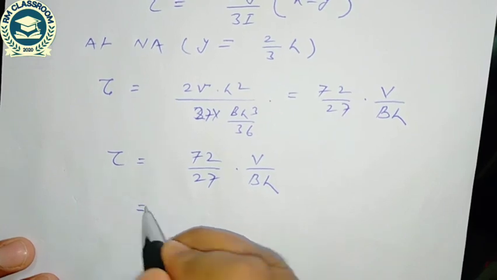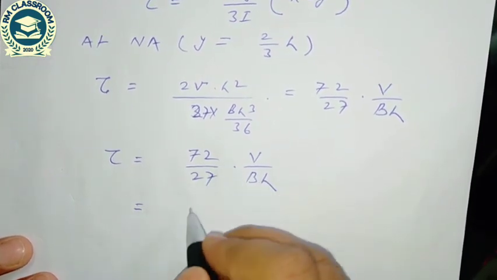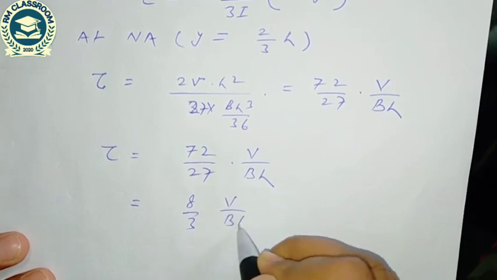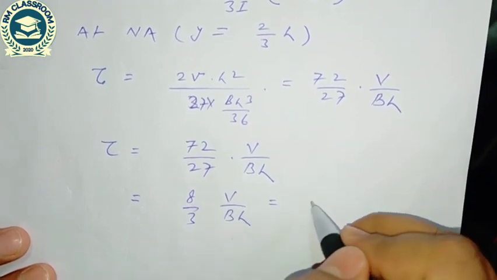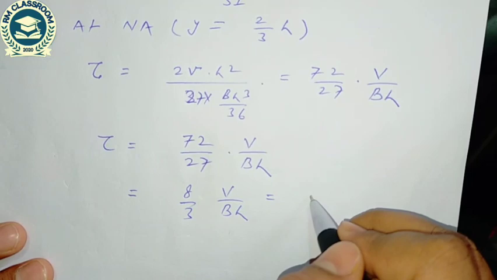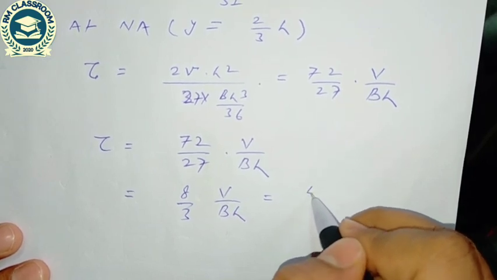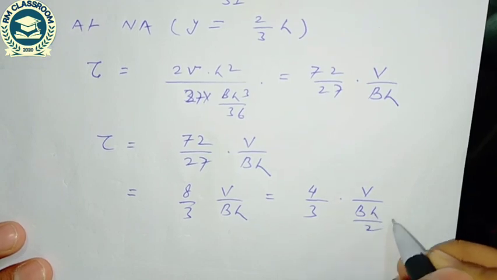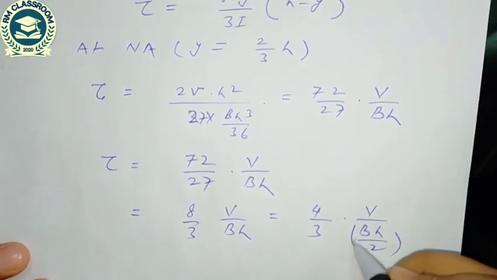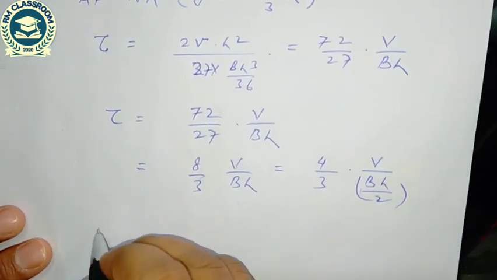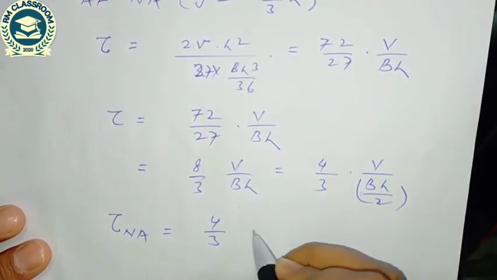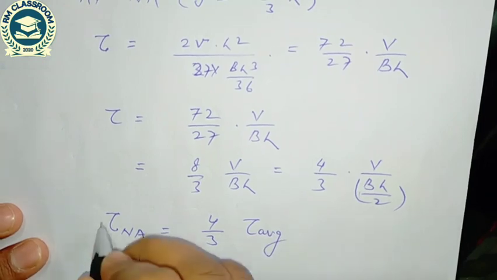So we can write 8 by 3 V upon bh, or we can also write it as 4 by 3 V upon bh by 2. I have written this because this is the area. So tau at the neutral axis is equal to 4/3 of the average shear stress.